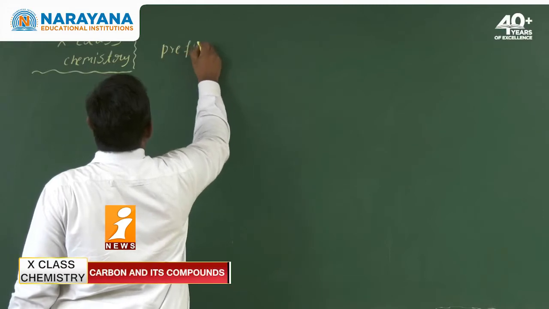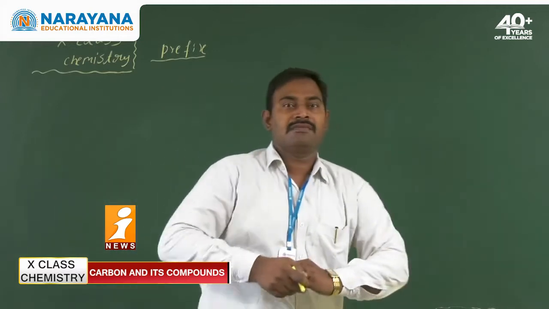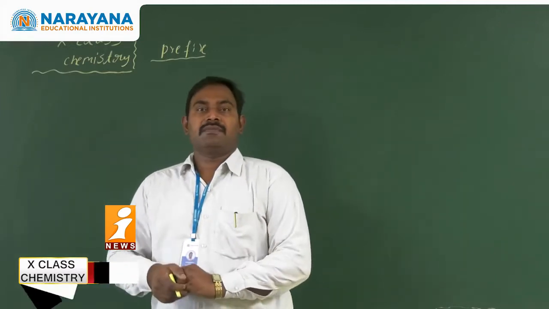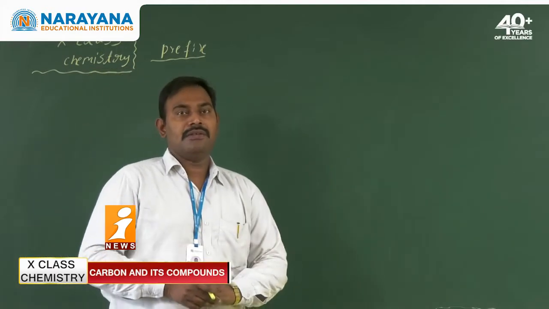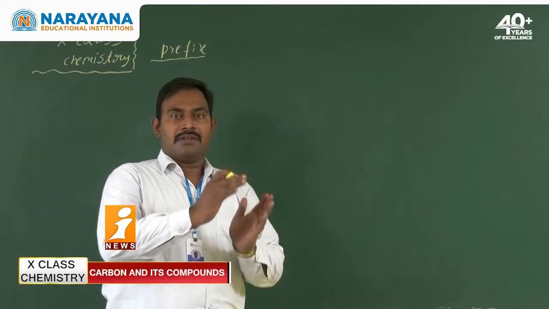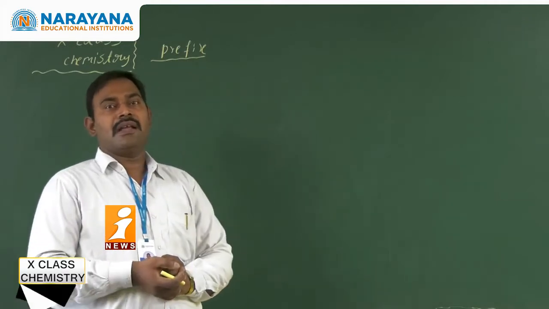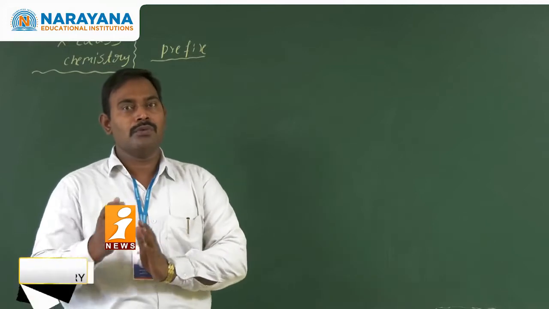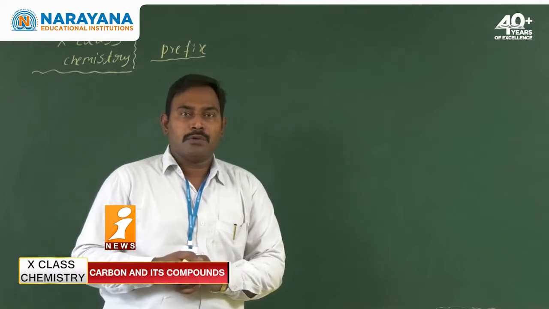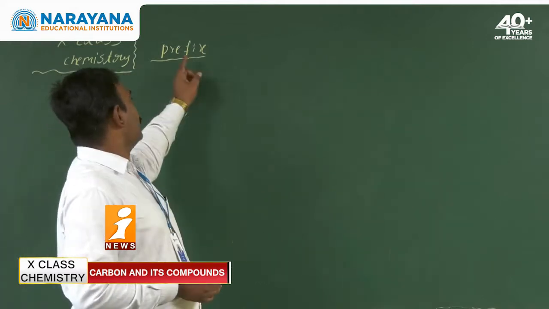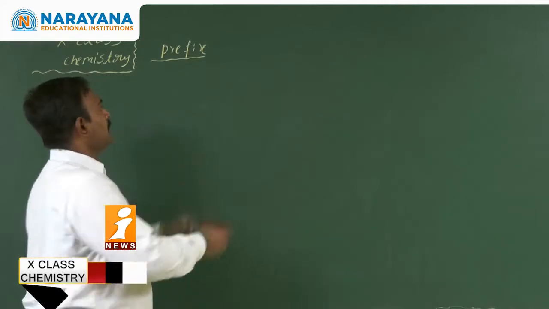Prefix and suffix. Now see here, prefix means the substituents present in the carbon compound. The substituents, whatever they may be, may be side chains like methyl, ethyl, propyl, otherwise halo groups, that means chloro, fluoro, bromo, and any other group like nitro. Those present in the carbon chain are treated as a prefix.